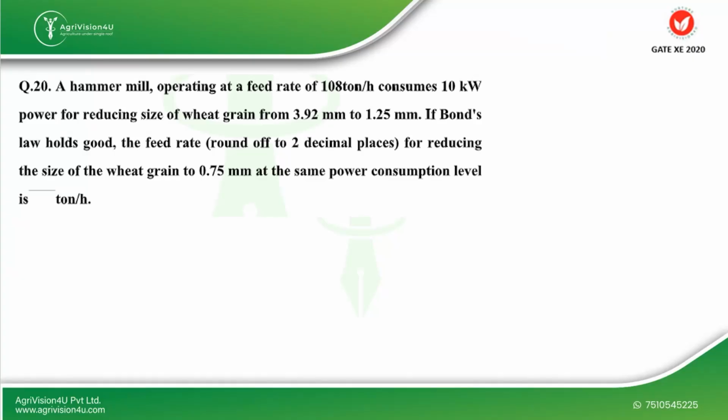Question 20. A hammer mill operating at a feed rate of 108 ton per hour consumes 10 kilowatt power. So feed rate is 108 ton per hour. Power consumption is for reducing the size of the wheat grain from 3.92 to 1.25.